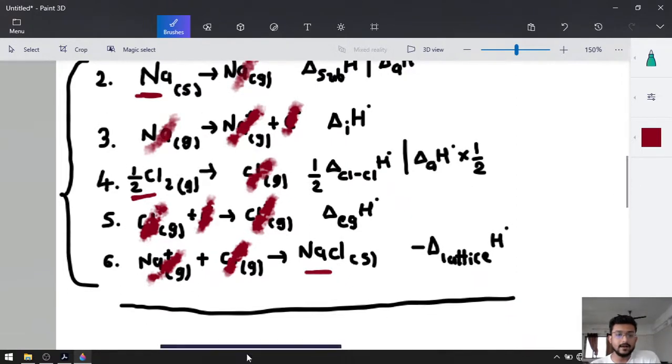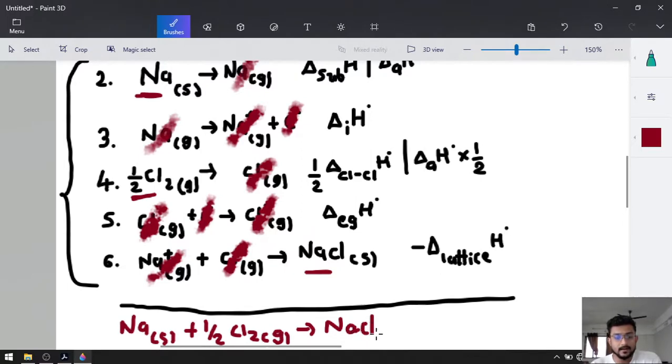So write down the remaining values. Na solid plus 1/2 Cl2 gas will combine with each other and give me 1 mole of NaCl solid, which is the formation enthalpy delta FH naught.